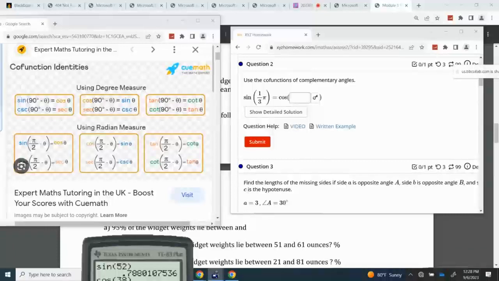So 1/3 pi, that's going to be pi over 3. So I'm going to use this formula because I'm given radians. So the sine of pi over 2 minus pi over 3.